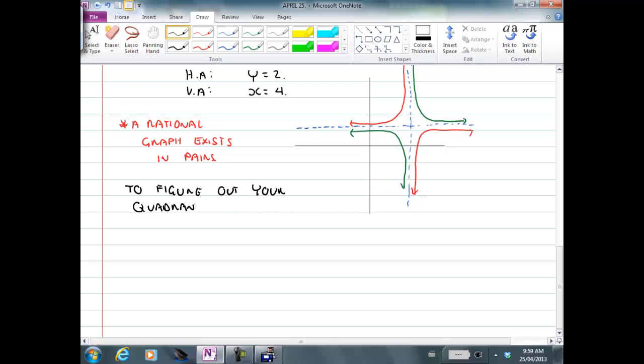To figure out your quadrant, you need a few more pieces of information to find the x and y intercept. So when I ask you to graph, this is the sort of thing you have to do. Give me your x-intercept and give me your y-intercept. I'm going to write your equation again.